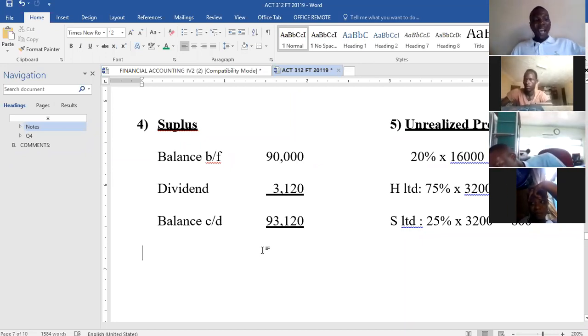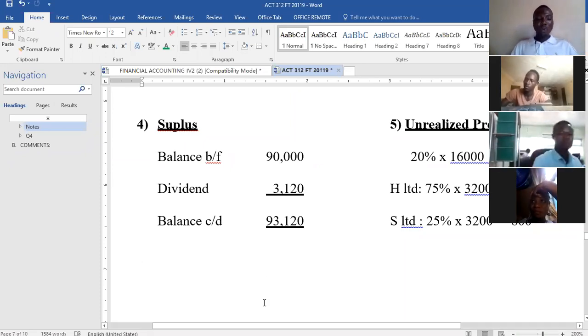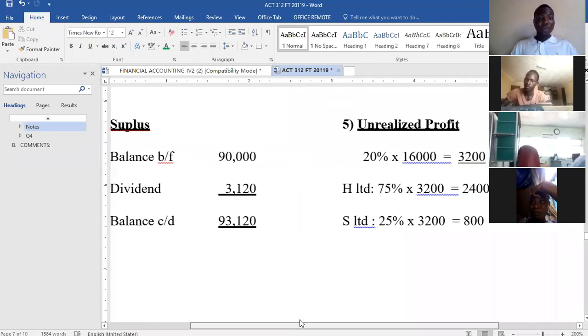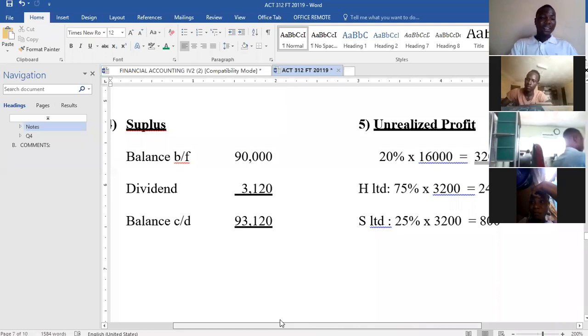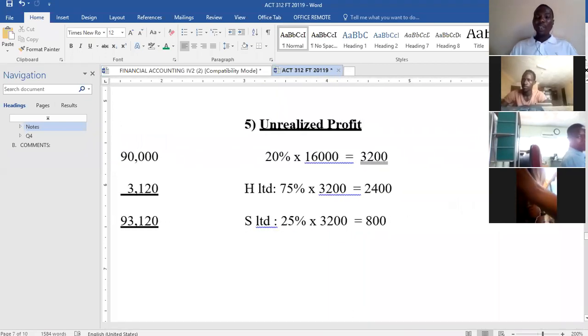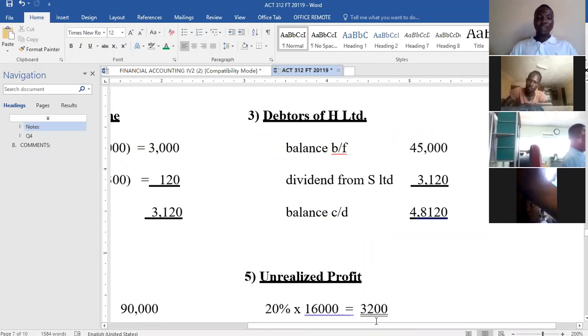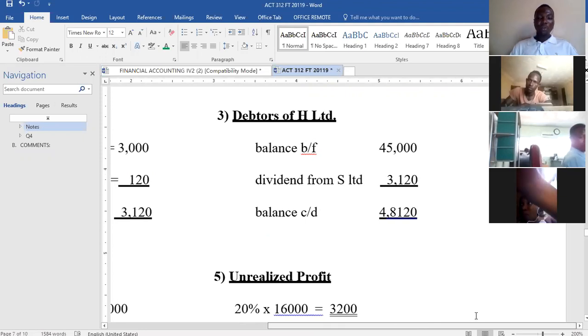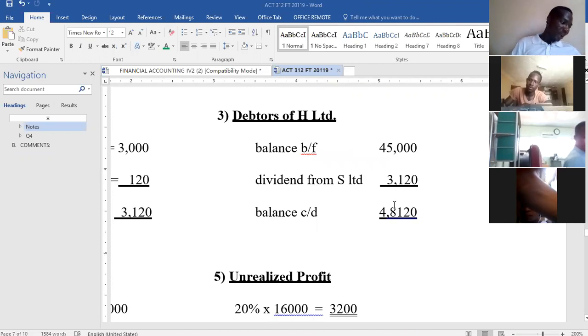Now, until 31st December 2012, S Limited is owing H the dividend to pay. The dividend has not come. So if you are correcting the credit side, then the debit side should follow, because the money we have not received yet. We are yet to receive it. So it means that your debtors must be adjusted. Your debtors account over here, the debtors of H, is how much? 45,000.